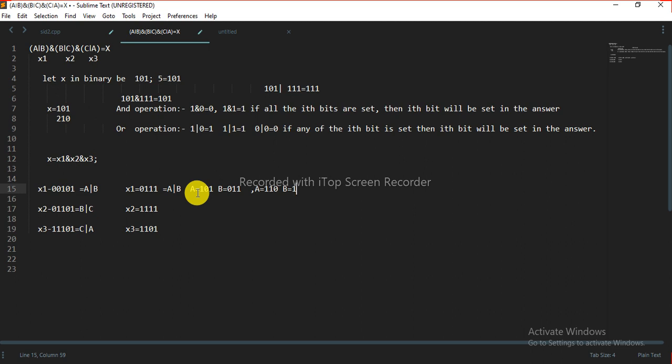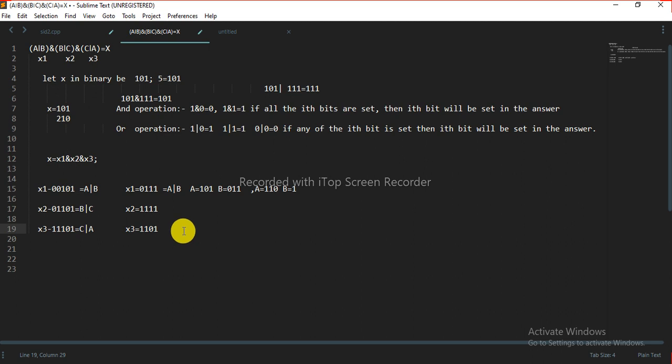Okay, so this is the question. So we have gained some observation that in x1, x2, x3 those bits will be set which are set in x, and in A, B, C those bits will be set which are set in x1 in any of A, B, C.